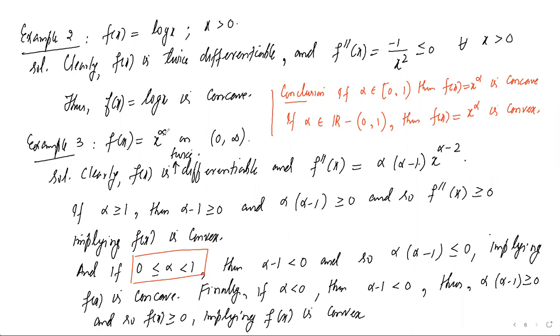So for alpha equal to 0, this function is both convex as well as concave, because for alpha equal to 0, this will become a constant function, and the second derivative of a constant function is 0. So such a function satisfies f double dash is greater or equal to 0, and it simultaneously satisfies f double dash of x is less or equal to 0. So the function will be both convex as well as concave.